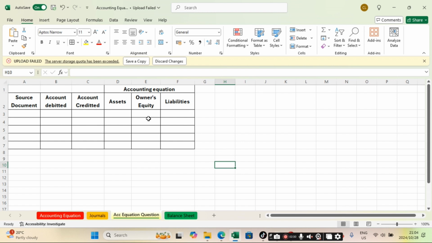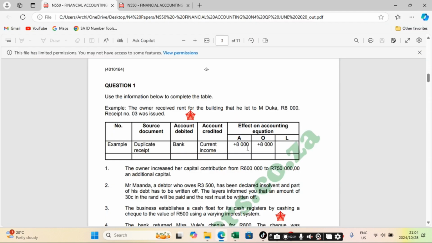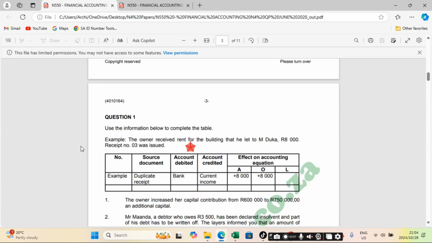We have assets, owner's equity: assets are equal to owner's equity plus liabilities. Going back to our question paper, I got the structure from it. In the question paper, we have number 1 as an example, with source document, account debited, account credited, and also our accounting equation: assets, owner's equity, liabilities. Straightforward. So let's firstly analyze the example.